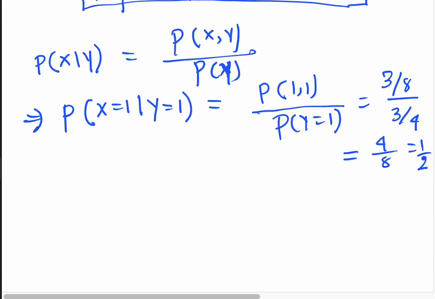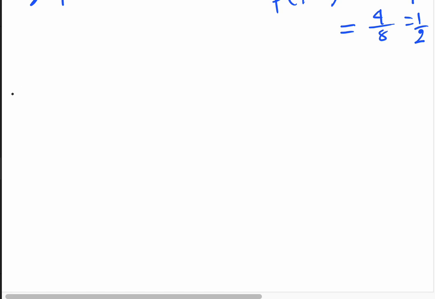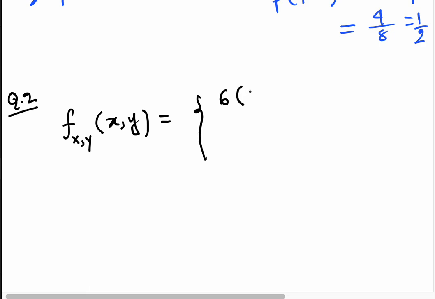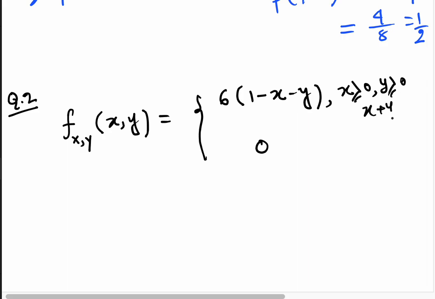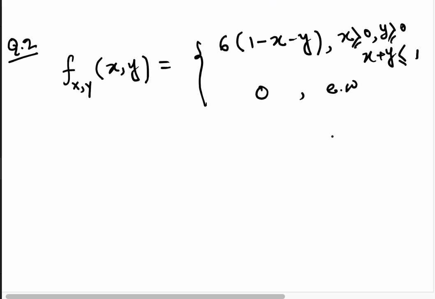Now move toward the second question. Question number 2. Let X and Y be two continuous random variables, and the joint probability distribution of X, Y is 6(1 minus x minus y) if x greater than or equal to 0, y greater than or equal to 0, and x plus y less than or equal to 1, otherwise 0.